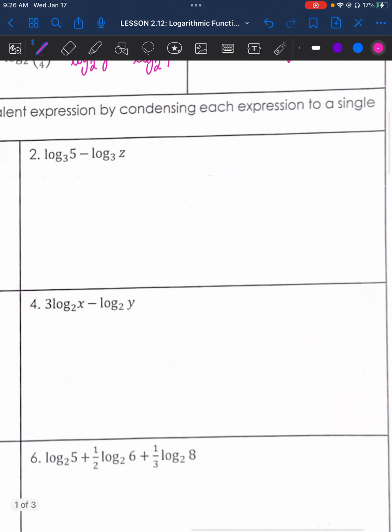Number 2, log base 3 of 5 minus log base 3 of z. When I have a subtraction in between two logs, that's the same as dividing them. Log base 3 of 5 over z.